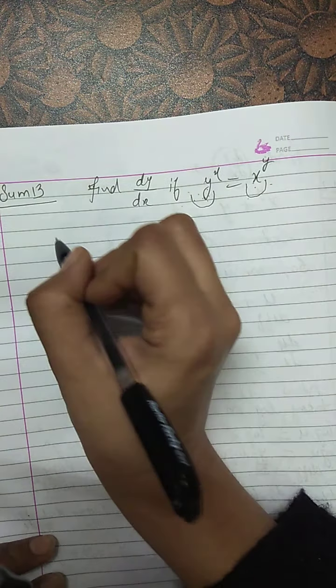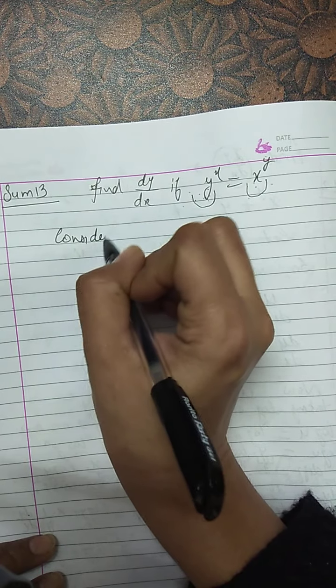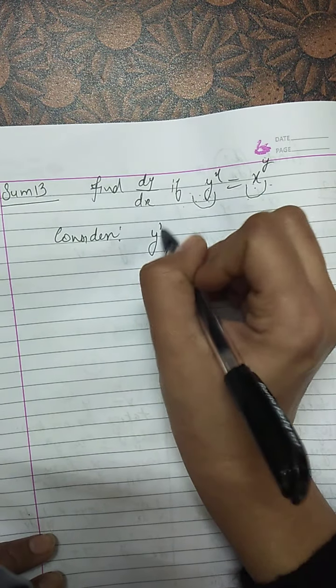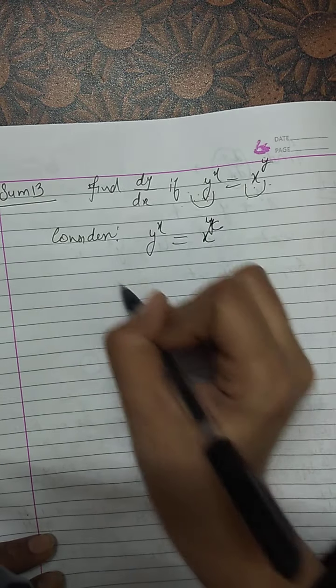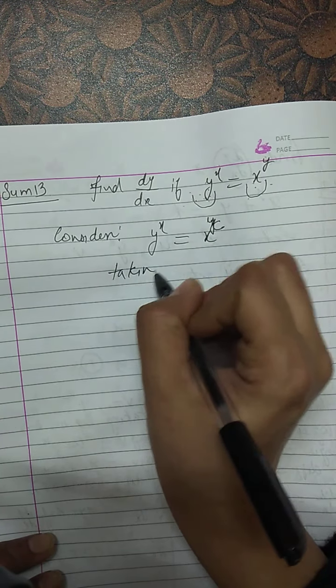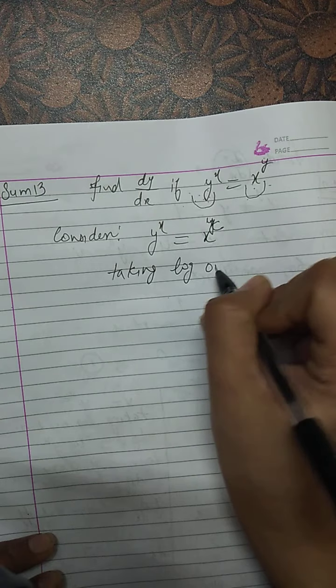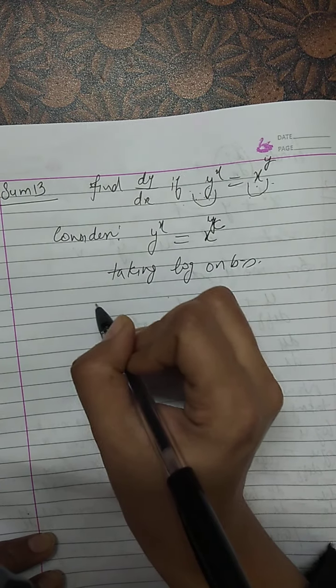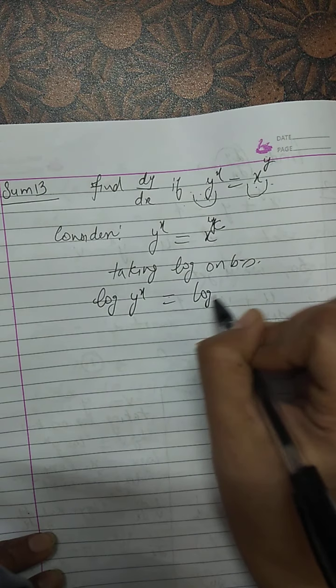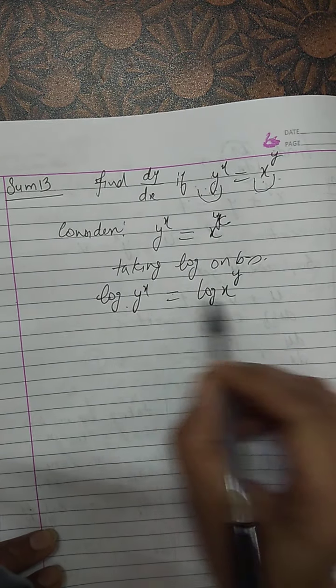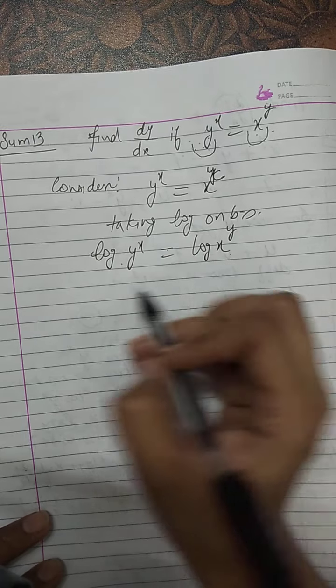So we will consider the given equation as such, that is y raised to power x equals to x raised to power y, and we will take log on both sides. Then we will get here log y raised to power x is equals to log x raised to power y. Both sides we will apply the same rule, log m raised to power n.